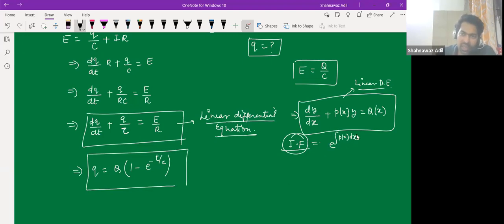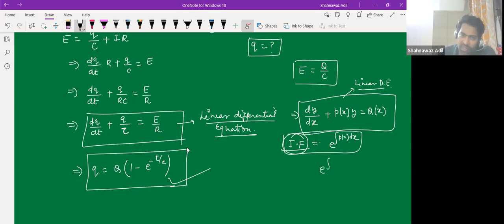Then we calculate the integrating factor, multiply with it on both sides, and this becomes a complete differential equation. So then we get this solution. What would be the integrating factor in this case?